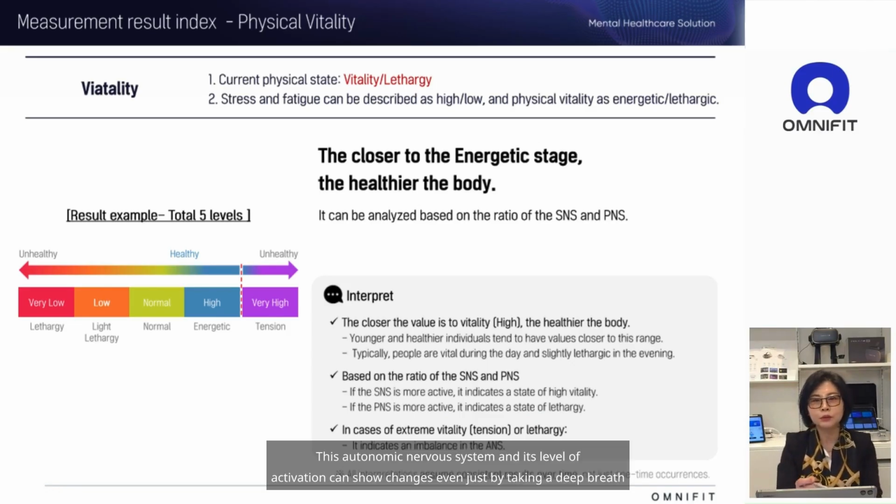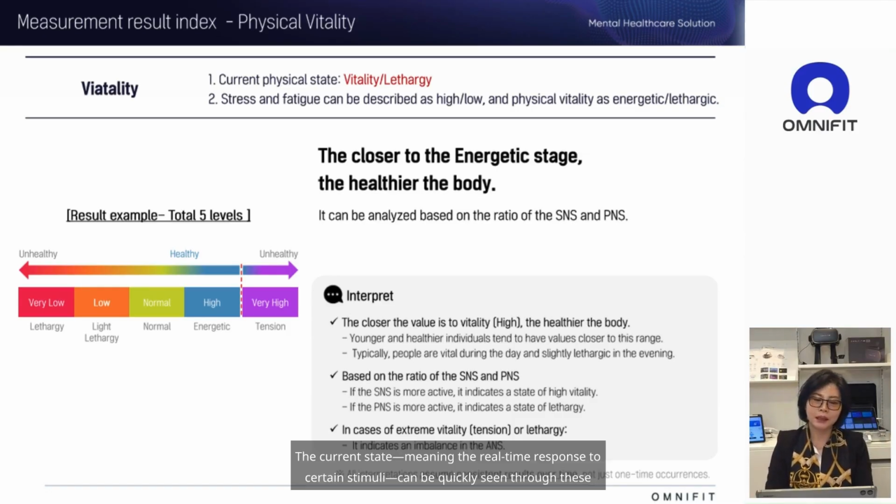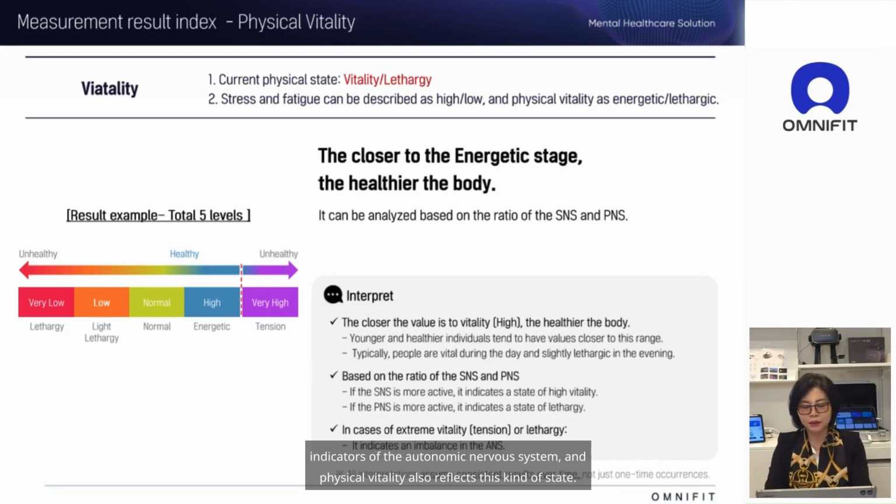This autonomic nervous system and its level of activation can show changes even just by taking a deep breath during the measurement. The current state, meaning the real-time response to certain stimuli, can be quickly seen through these indicators of the autonomic nervous system, and physical vitality also reflects this kind of state.